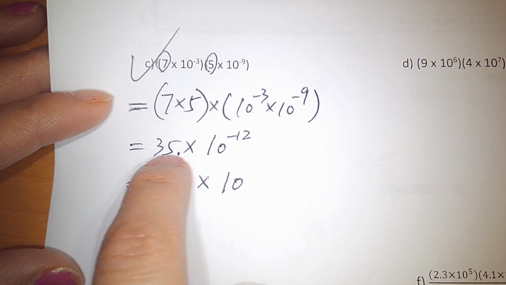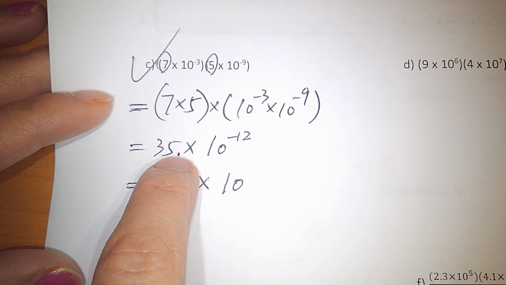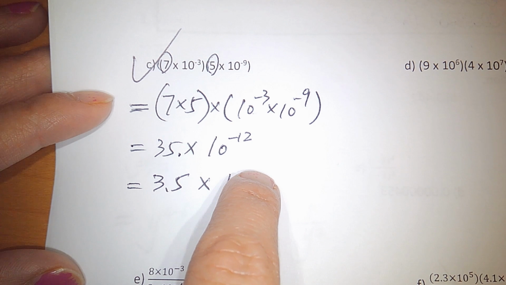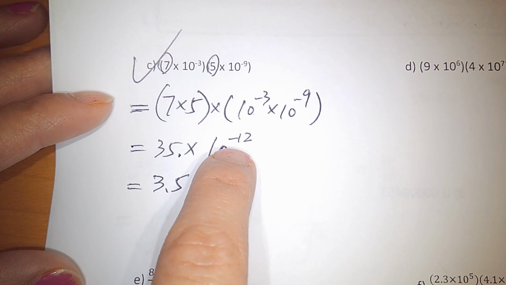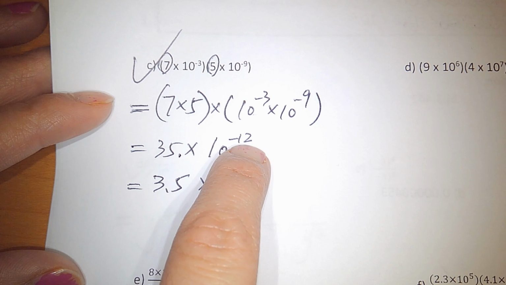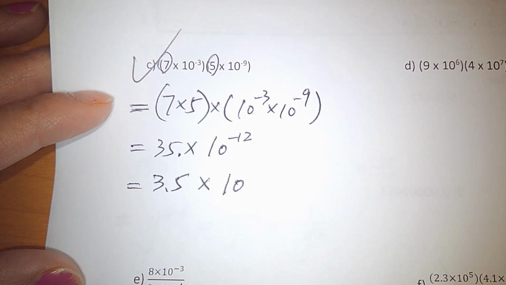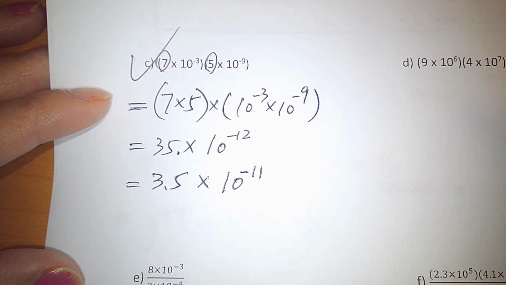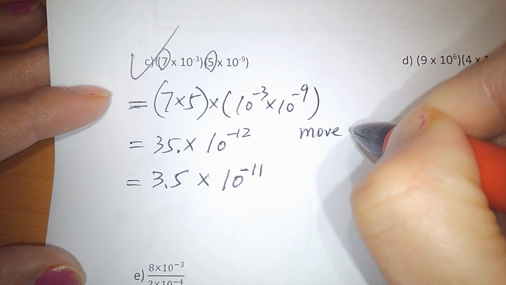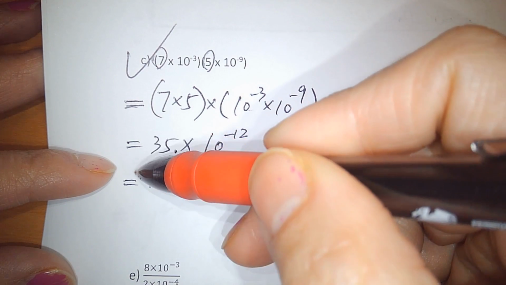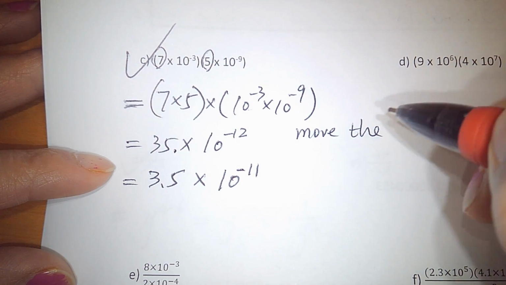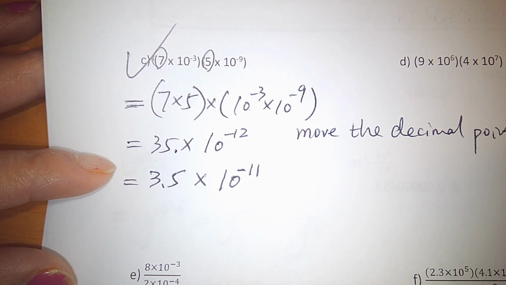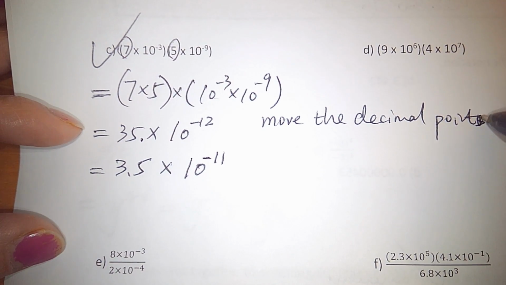Because we want this product to equal this product. So if we move the decimal point to the left, we raise the power of this exponent, okay? So negative 12, what is 1 greater than negative 12? Negative 11, okay? So move from this step to this step. Move the decimal point to the left.